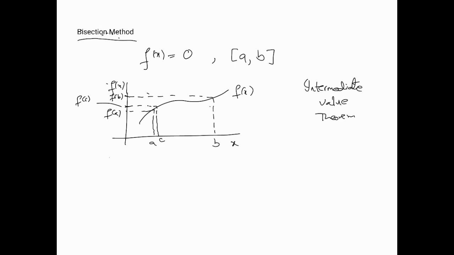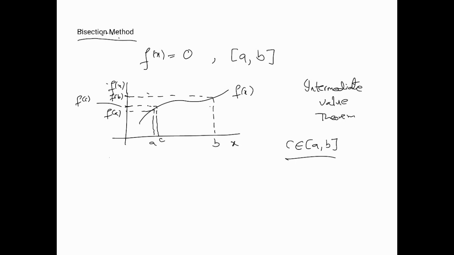Now, what the intermediate value theorem guarantees is that for any c belonging to this interval [a, b], which means it's between a and b, there will always be a c such that f(c) is also between f(a) and f(b). So that's basically what the intermediate value theorem says.